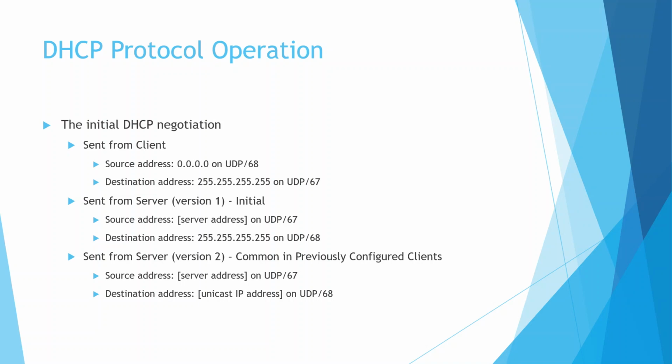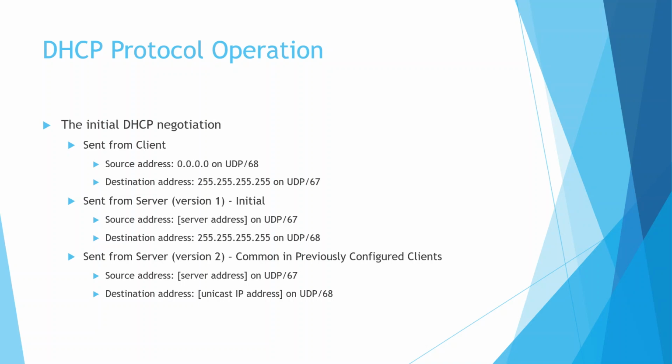So even though we don't have an IP address configuration, we do still have the ability, through our operating system's implementation of the networking stack, to use things like 0.0.0.0 and 255.255.255.255, just because those are reserved IP addresses that are used for specific functions.